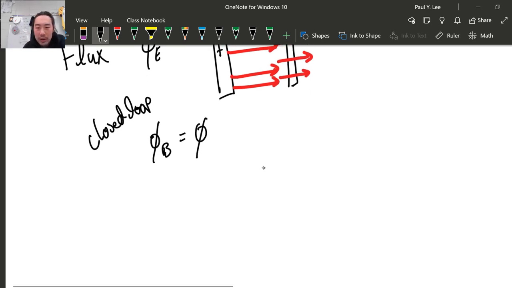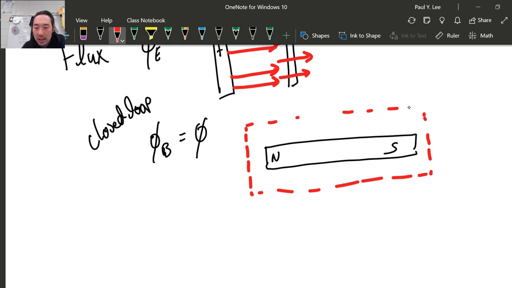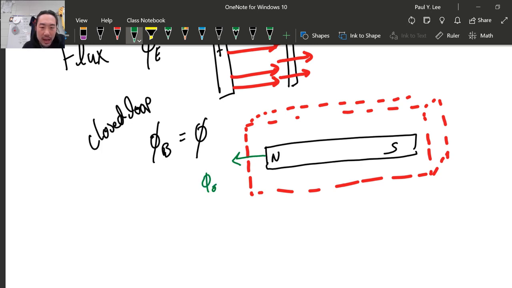But with a magnetic field, if I were to draw this magnet here, and if I were to draw a box around it, this is my Gaussian box around the magnetic field. I can see here the magnetic field comes out of the box, so this is flux out.